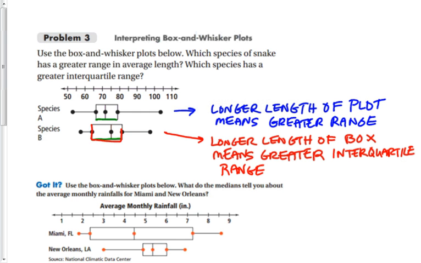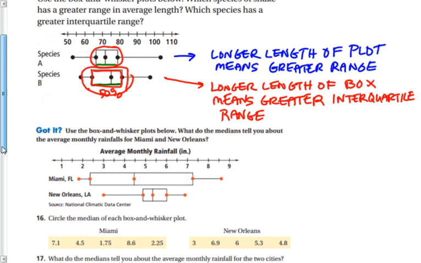The interquartile range means the middle 50% of the data, which is really the more normal part of the data. And a bigger box, as represented here in this one, means that you're going to have more different lengths in that species of snake. Notice that most of the snakes here range in a smaller area. All right, go ahead, you try that.